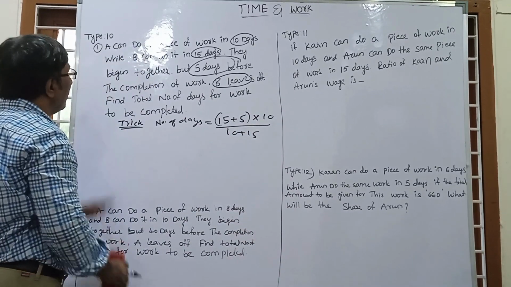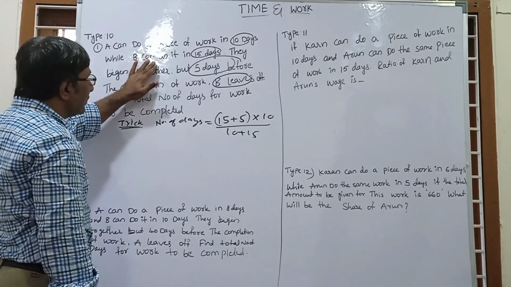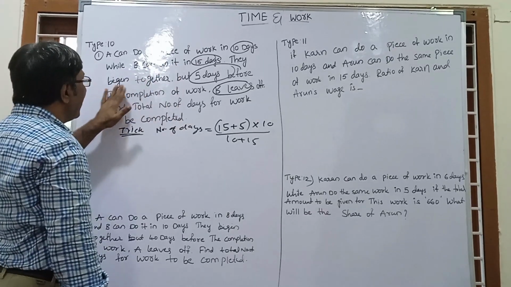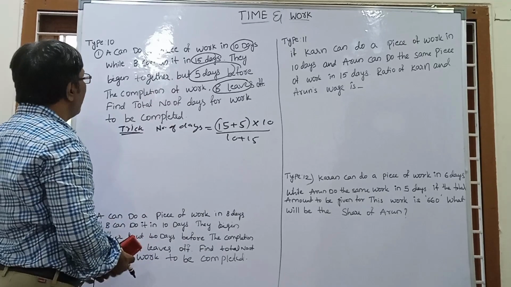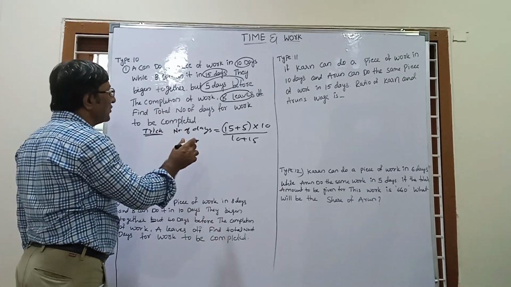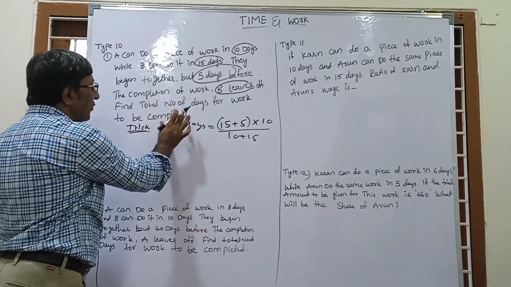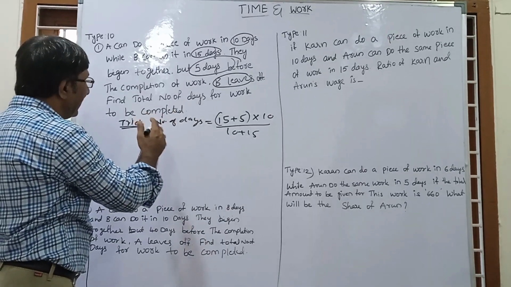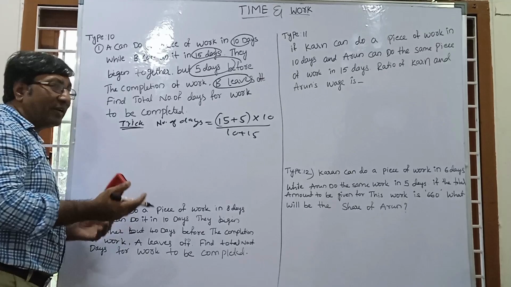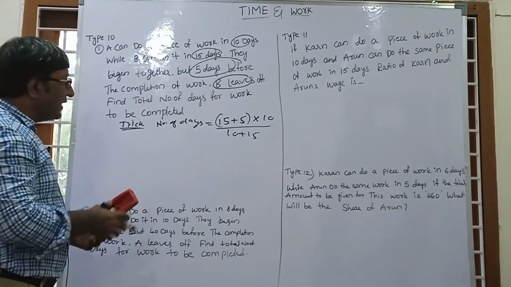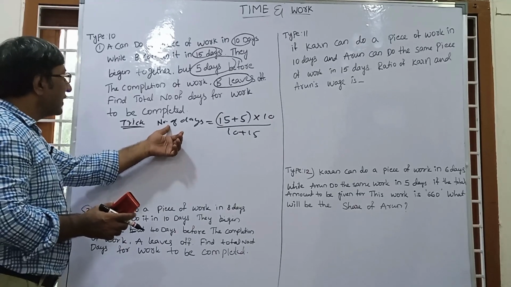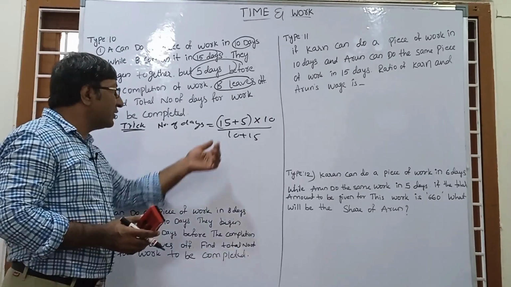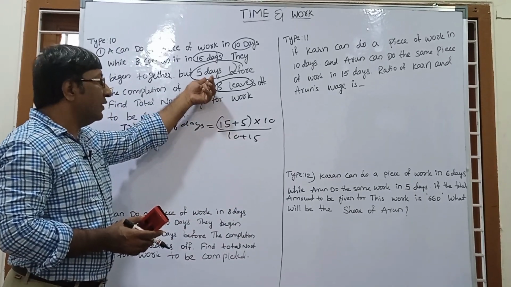Again, see the technique. When two persons do a work separately, they work together, and after some time, before completion, one leaves. For that type of question, the total number of days for completing the work is: first, who leaves and how many days before.